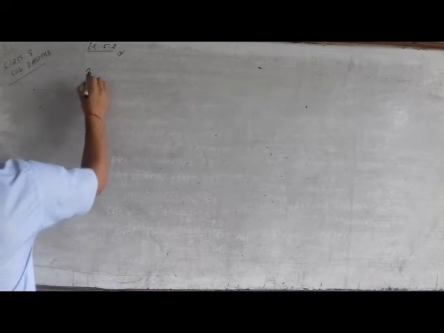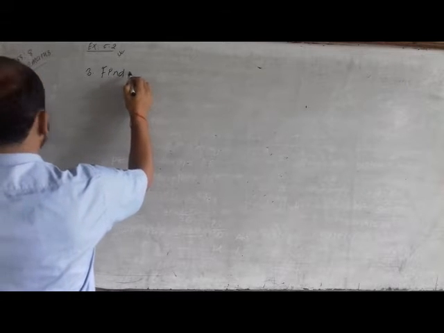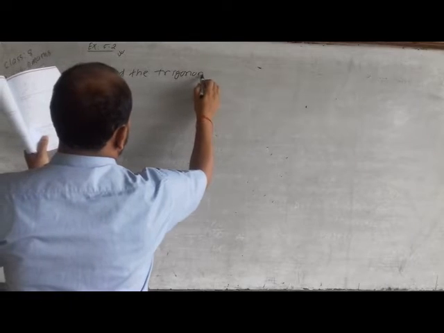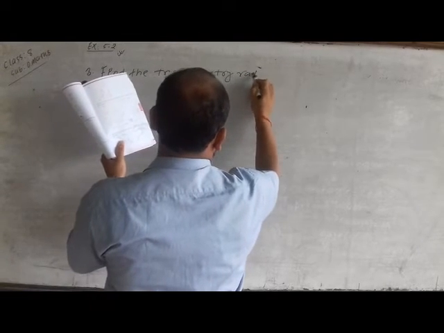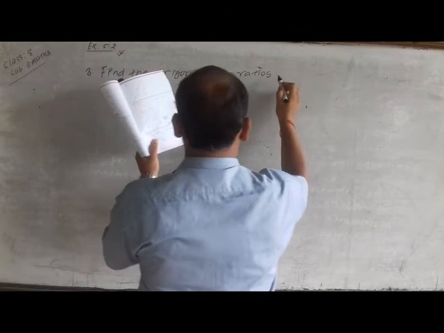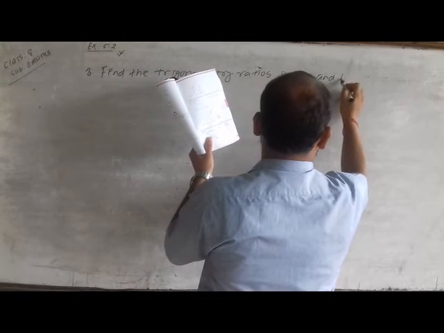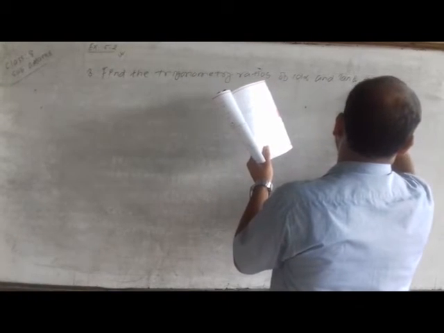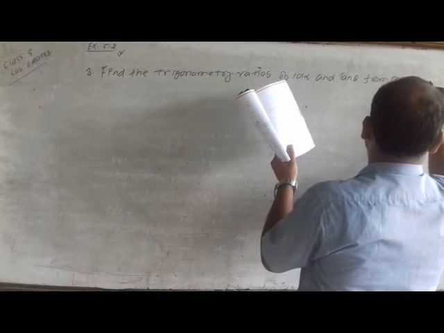I am going to write another question. This is 3 number from your book. Your question says, find the trigonometric ratios of cos alpha and tan theta from the figure.